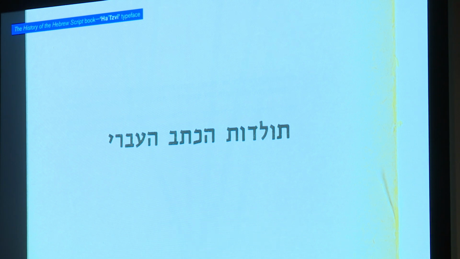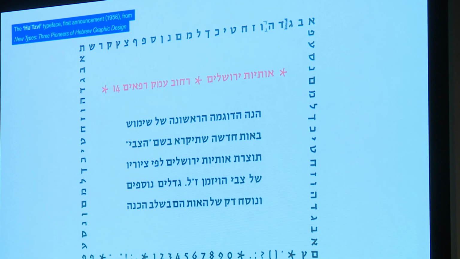Hatzvi was the first typeface to have numeral design, and unlike the sans-serif letters that preceded it, like Chaim, it managed to distill the skeletal form of the letter and its simplicity, without turning into a hard, stiff, geometric letter.